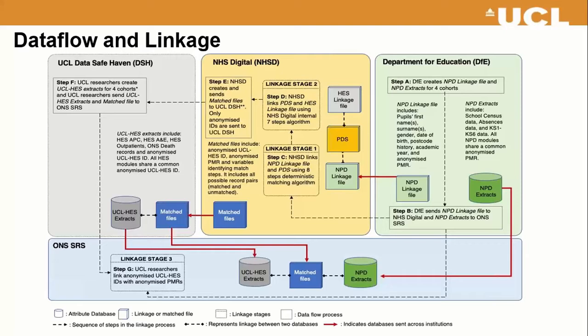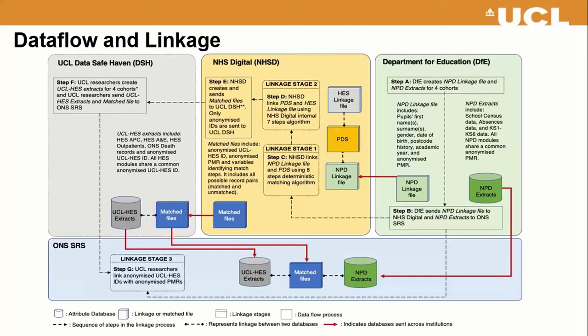The second stage involved linking the PDS table of identifiers with HES for those children who were linked to the National Pupil Database at the previous stage. This second stage used a 7-step algorithm developed by NHS Digital. So there are 2 algorithms that happen sequentially.